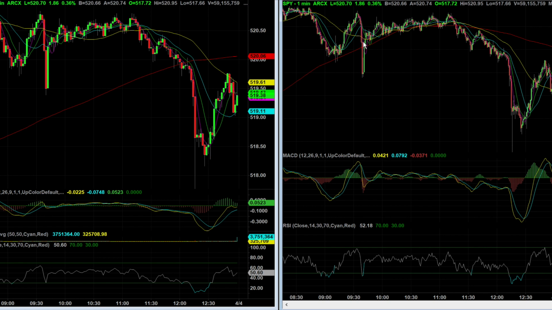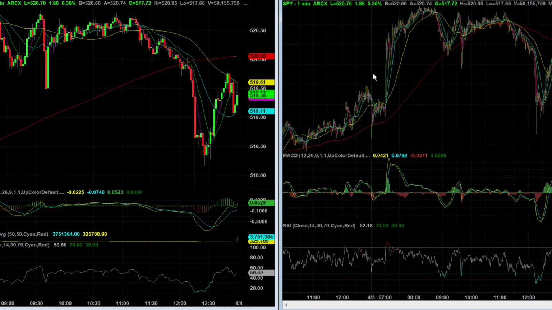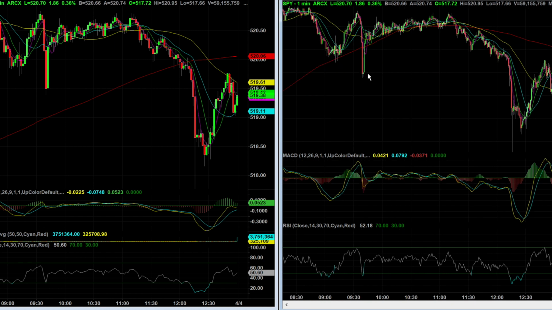Around 9:30, it hit almost the top, and then all of a sudden had a sharp fall. But it looks like a bear trap after it pulled back. It pulled up and recovered all the losses. Went back to the 200 moving average on the 1 minute chart.